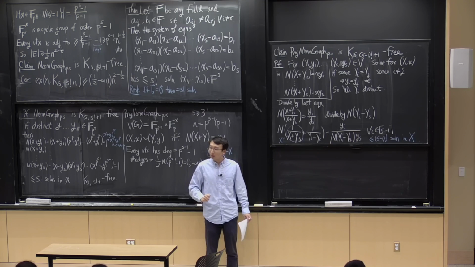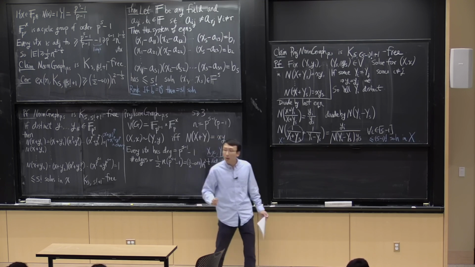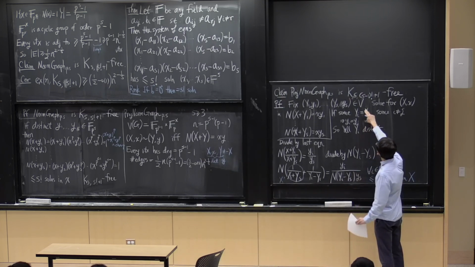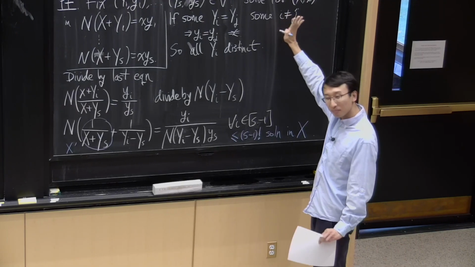Yes, question? Why do you have the if some capital Y equals capital Ij, then the little I? Okay, right. So the question is, why do I say this part? I'm maybe skipping a sentence.